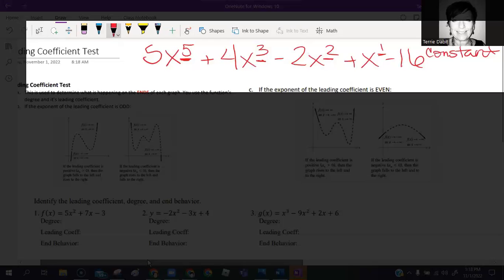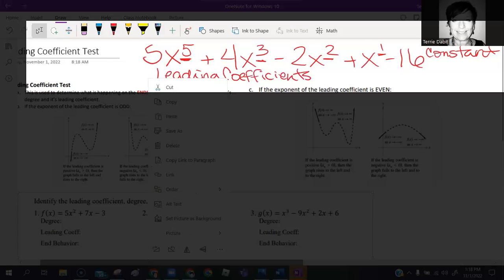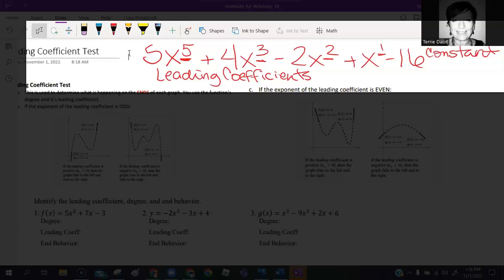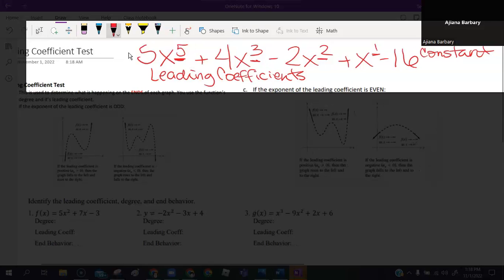So what is the leading coefficient? Coefficients are the numbers that are in front of our variables. And so the leading, does anybody know? What's the leading coefficient? Is it 5? Yes.